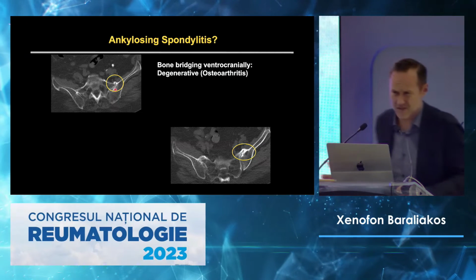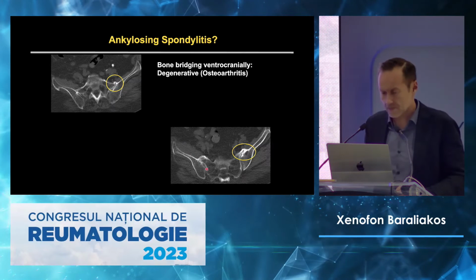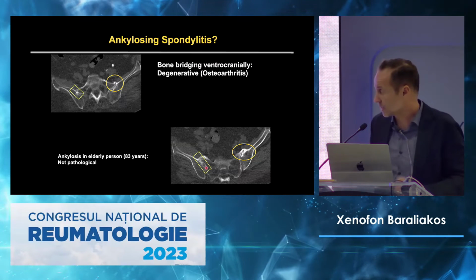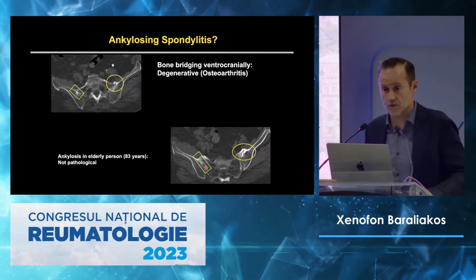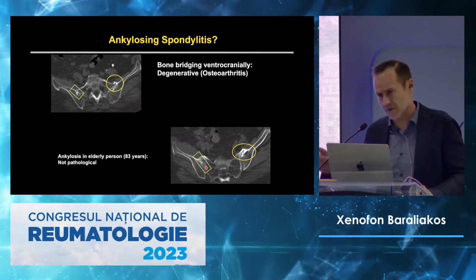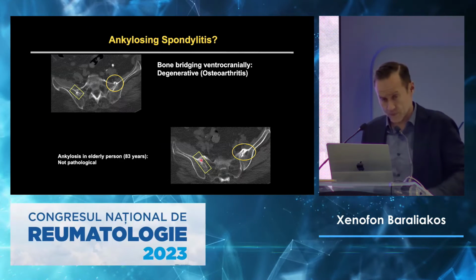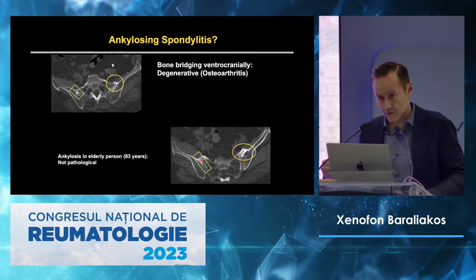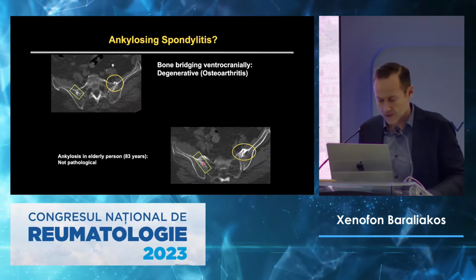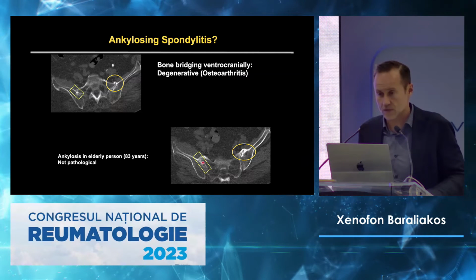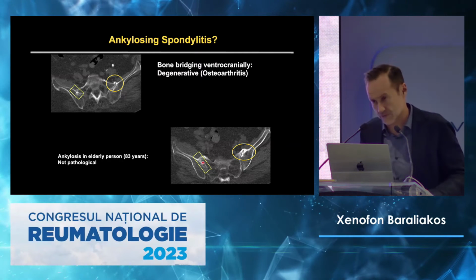You remember the same is the thing also for DISH. And the problem with this ankylosed joint is that that patient was relatively old in terms of maybe even having inflammatory back pain. In any case, we know that this is a process of aging to develop more bone as well. And this is why that ankylosis is an ankylosis, but it doesn't have anything to do with spondyloarthritis.